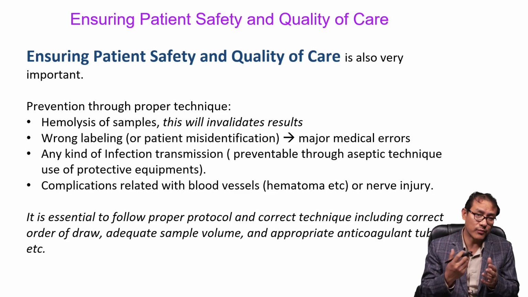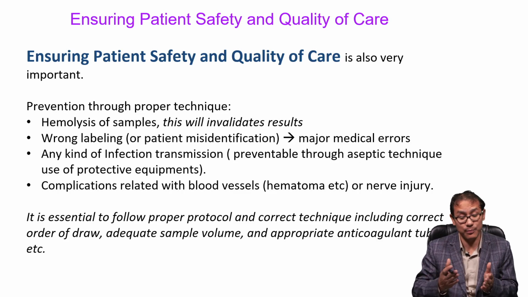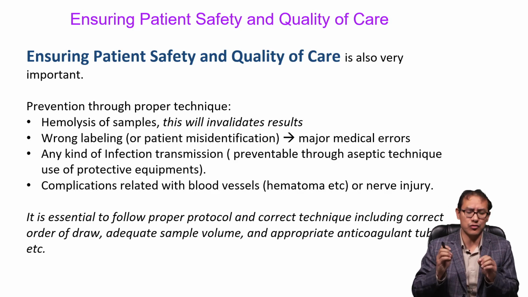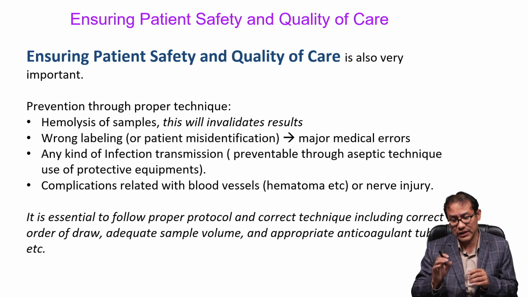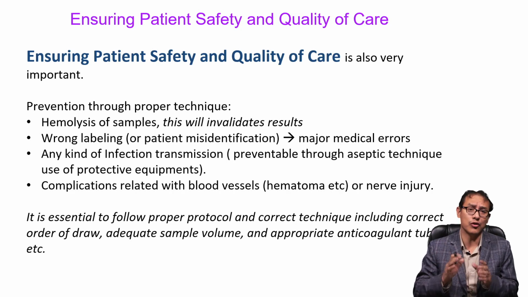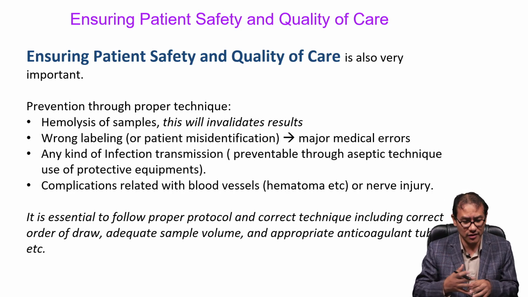You have to prevent wrong labeling, because patient misidentification can happen and lead to major medical error. Prevention of infection transmission is also important. You have to follow all aseptic technique, universal precautions, and use appropriate protective equipment.